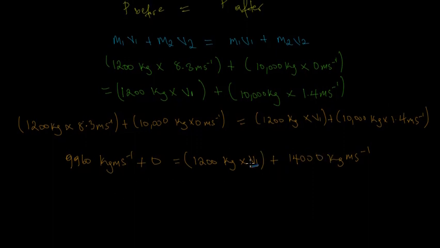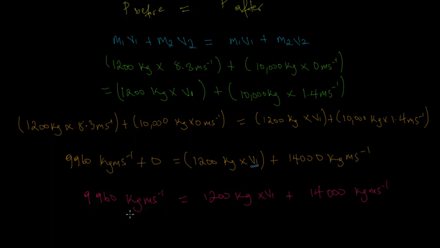We'll have 9,960 kilogram meters per second equal to 1200 kilograms times V1 plus 14,000 kilogram meters per second.